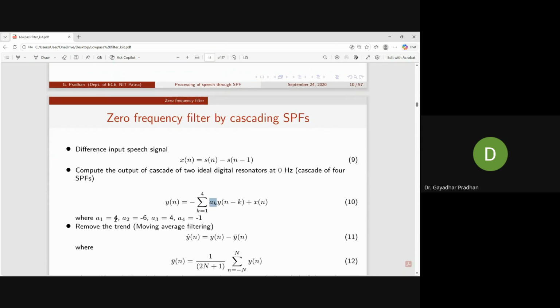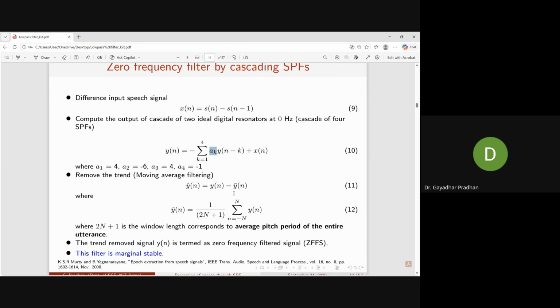If you know DSP, it is a 4th order filter. Okay, so we'll get this thing. If I accumulate 4 times, it will rise sharply.